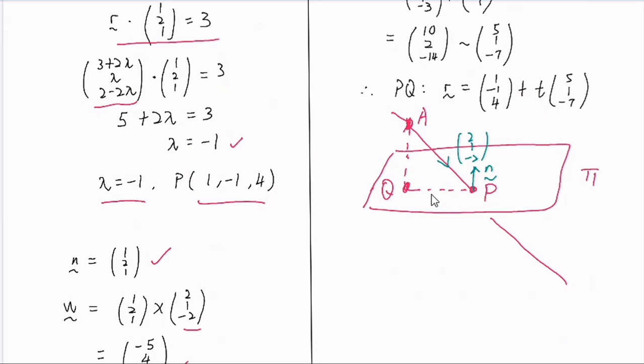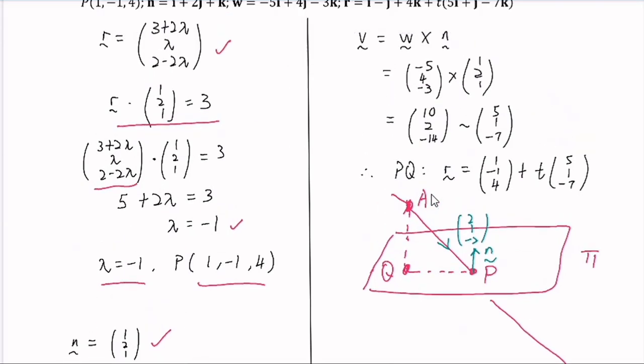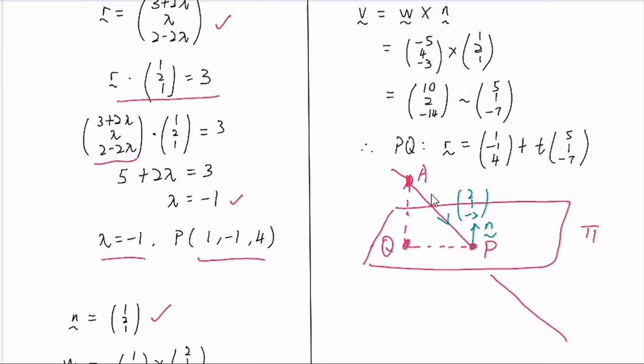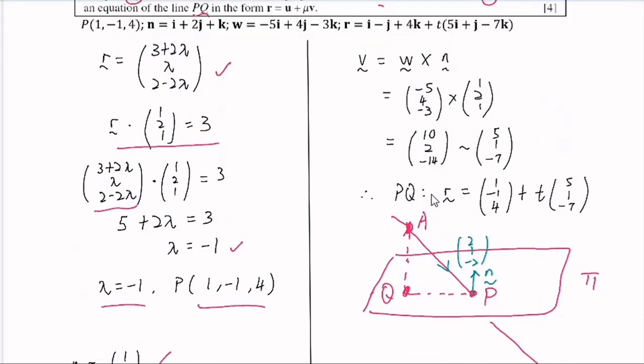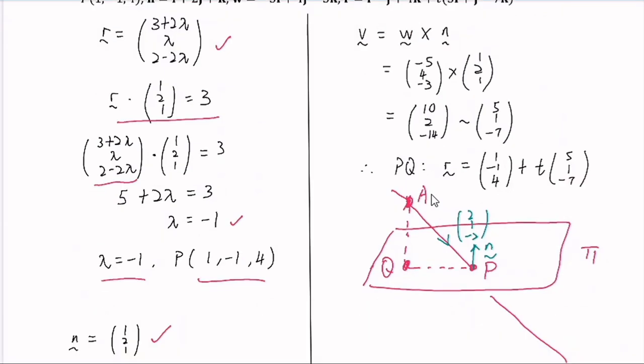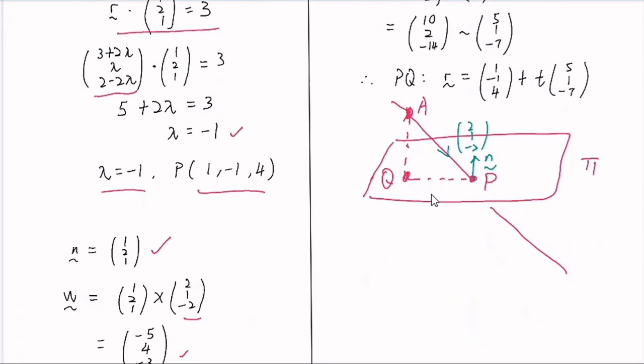That vector is parallel to the plane, but it is not in the direction of this PQ. So n here is a normal, but this w here is actually parallel to the plane.